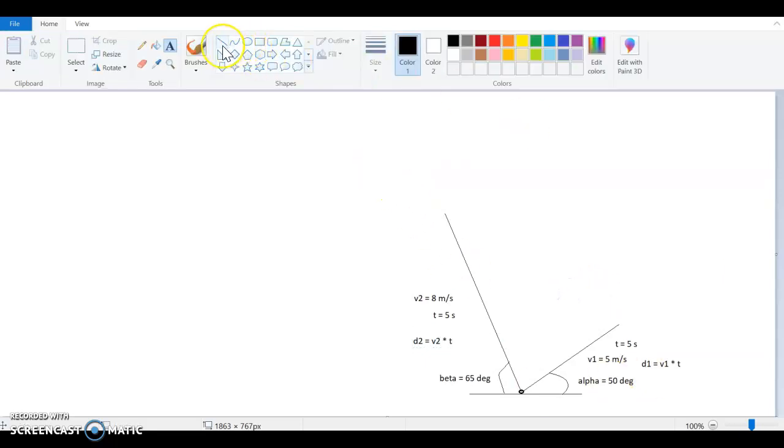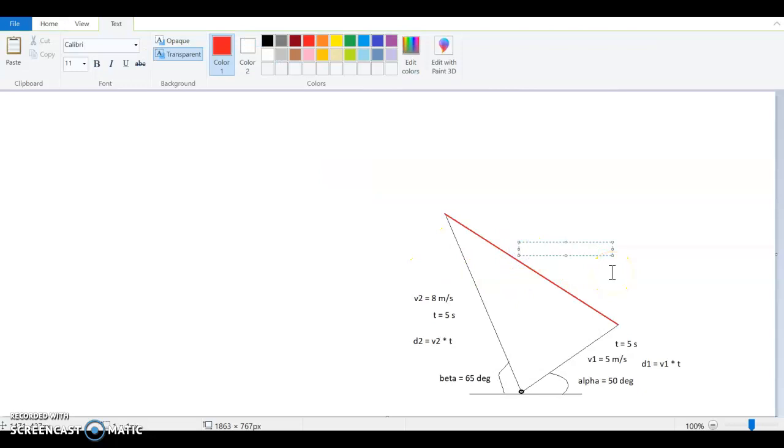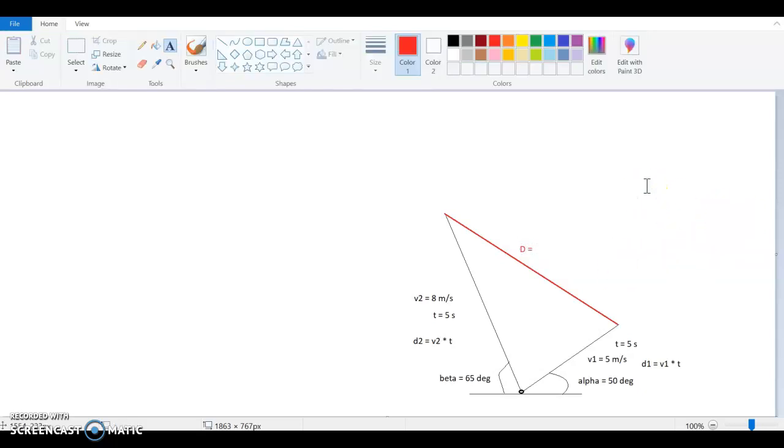Now we can actually get a distance between these 2 points, and that distance can be solved using sine law or cosine law. Let's name it displacement, capital letter D. So that's the application of sine law or cosine law.